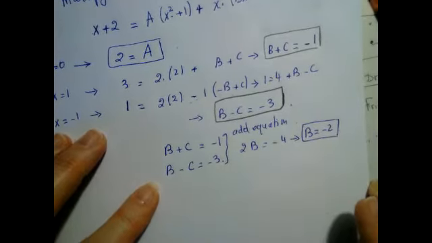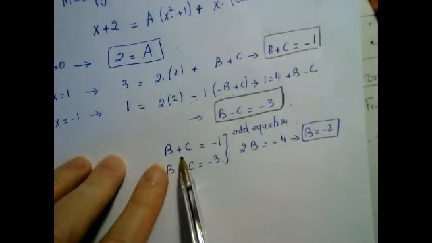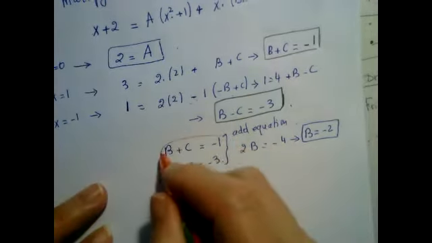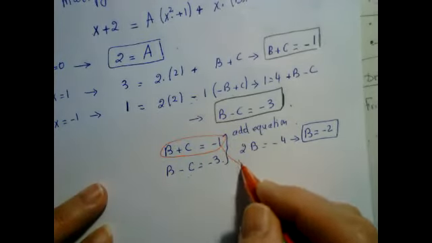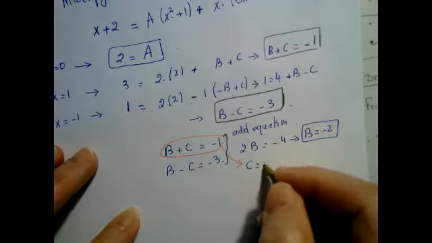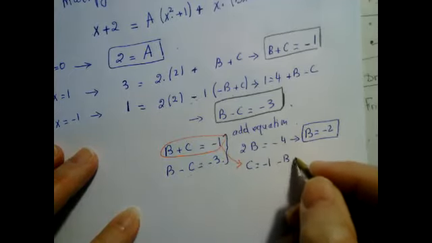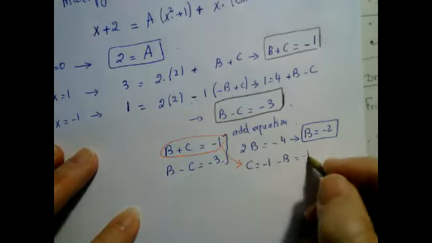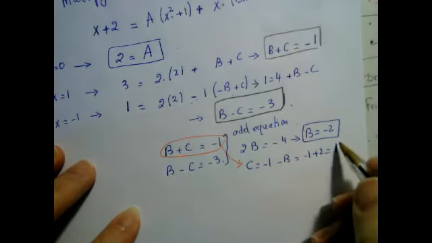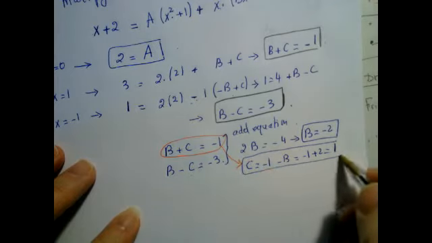I have my B, and then I need my C. I can use either equation to get C. So I can use this equation now to get my C, and I will get C equal minus 1 minus B. I know my B, it means minus 1 plus 2, which is equal to 1. So I get my C.